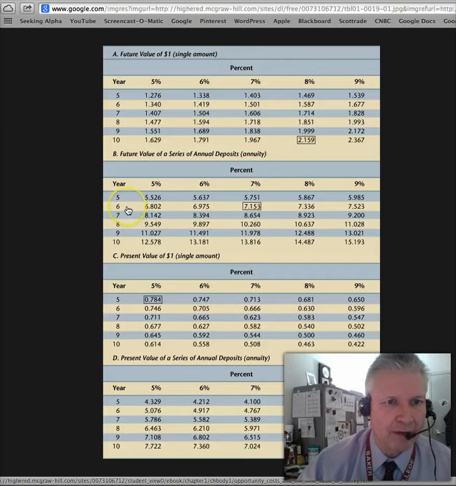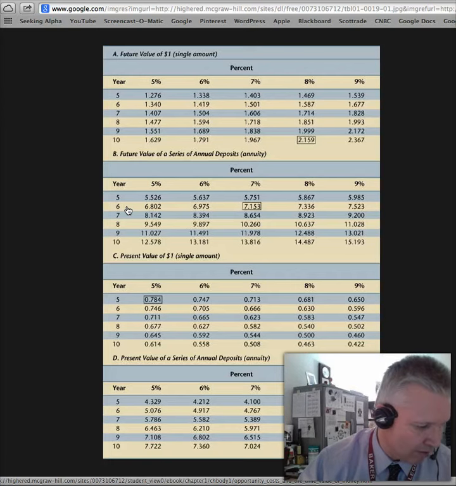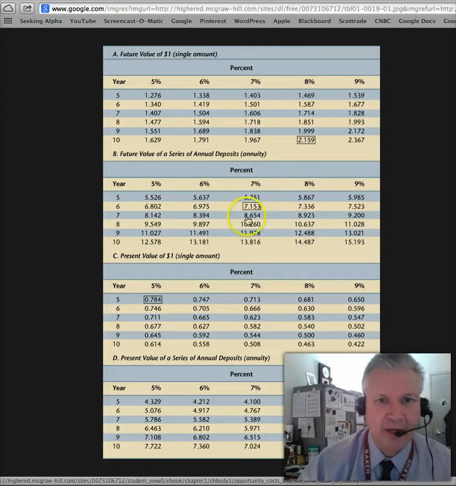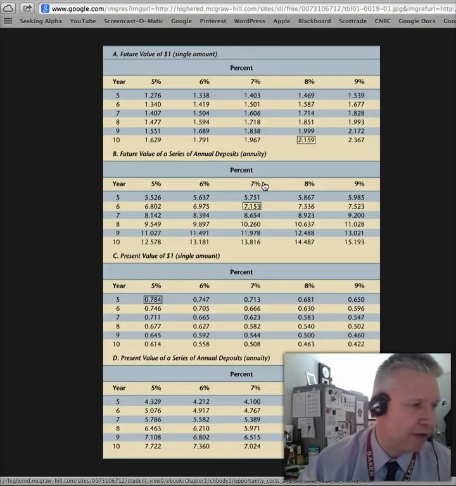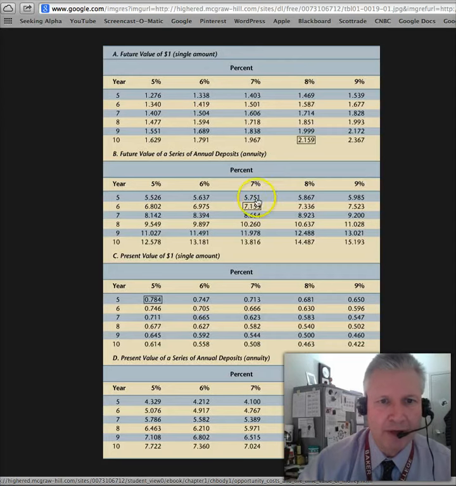And let's say we're talking about a 6-year time period that this $5,000 is going to happen, and it's going to be a 7% item. So 7% is what we have a chance to earn on all of those individual deposits. Again, you find the intersection of the years and the percents, which comes to 7.153.